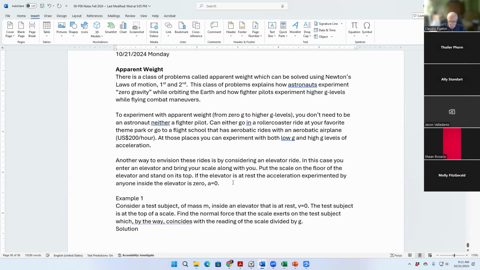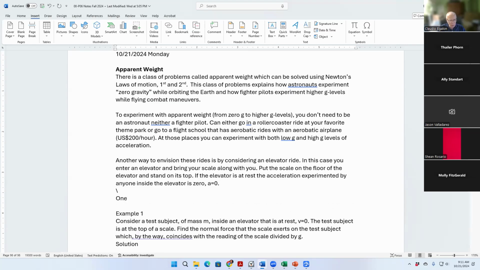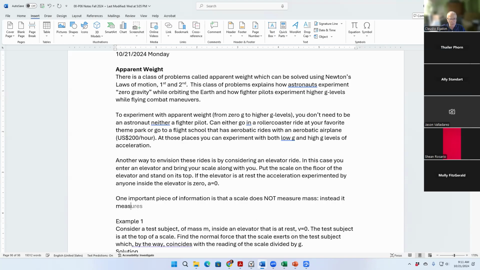One important piece of information is that a scale does not measure mass. Instead, it measures the normal force that the scale exerts over you.